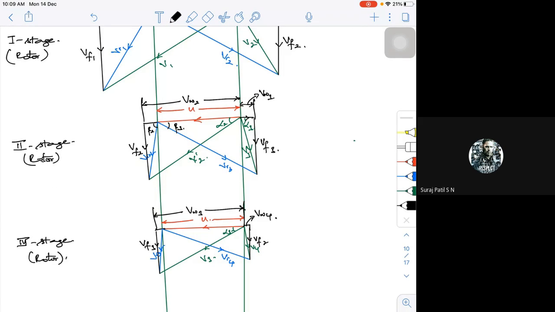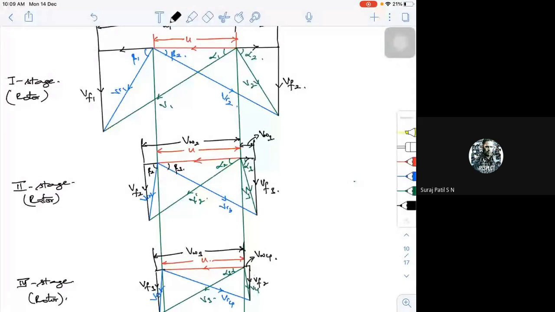And also I told, V2 from first stage will be equal to V2 from second stage. Let me write that. So V2 from first stage will be equal to V2 from second stage.